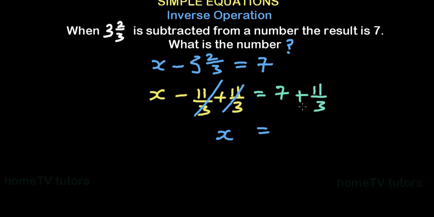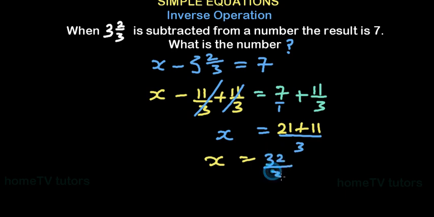On the right hand side we need to find the LCM of 1 and 3, which is 3. 3 times 7 will give us what? 21. 3 in 3, 1 times 11 is 11. So now we have x equal 21 plus 11 will give us what? 32.